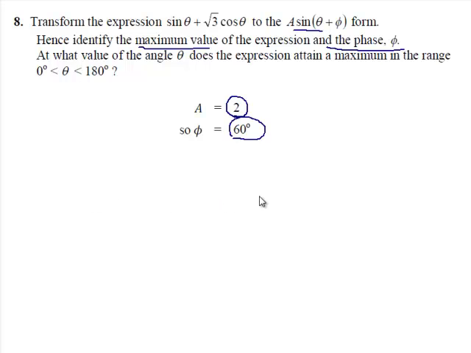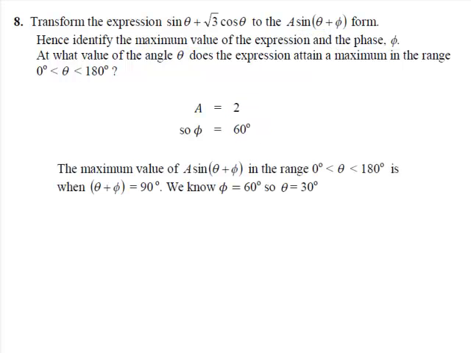Finally, the third part says at what angle theta does the expression attain a maximum in the range 0 to 180? Well, we're talking about a sine wave, and sine waves look like this, where this is 180.